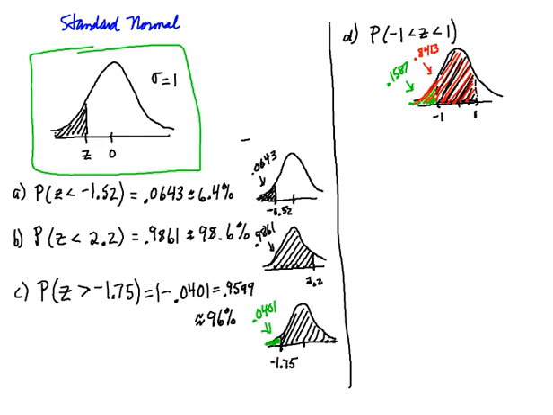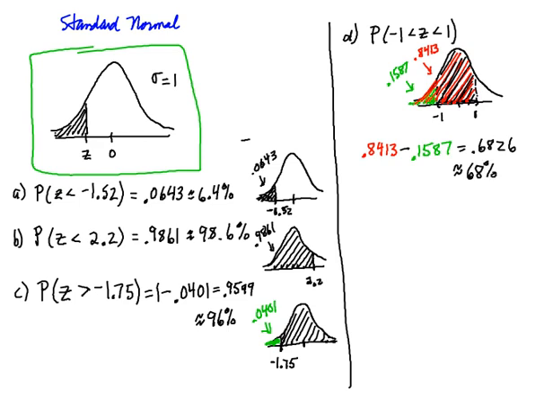So I'm going to take 0.8413, and I'm going to subtract the 0.1587 to get 0.6826, which is approximately 68%.